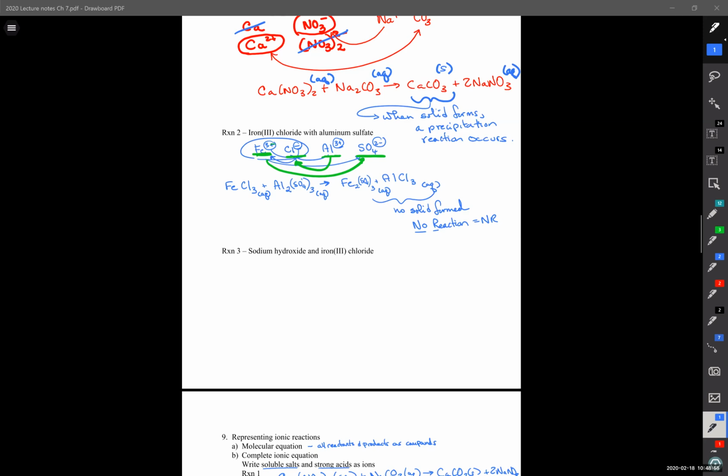When you're writing it out, this is telling you there's three of them, so you write out the ion, all that stuff.